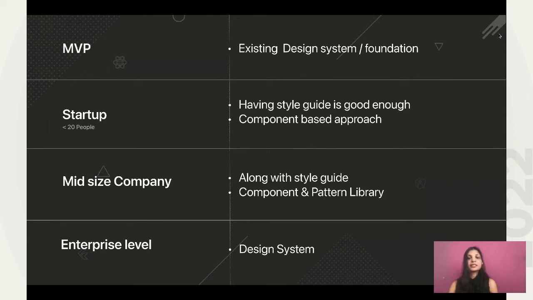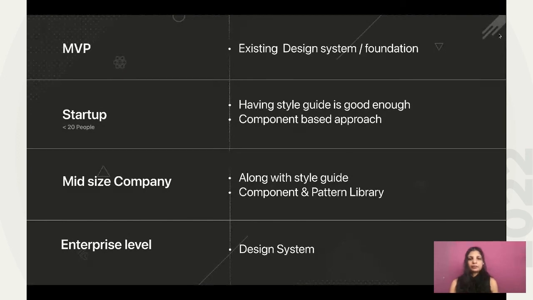When we are in a mid-size company, along with the style guidelines, components and libraries are very important because we are growing. We need to have communication. But when we are at the enterprise level, the design system looks like a must. We need to set up a better communication panel where throughout the organization we can speak one centralized language.